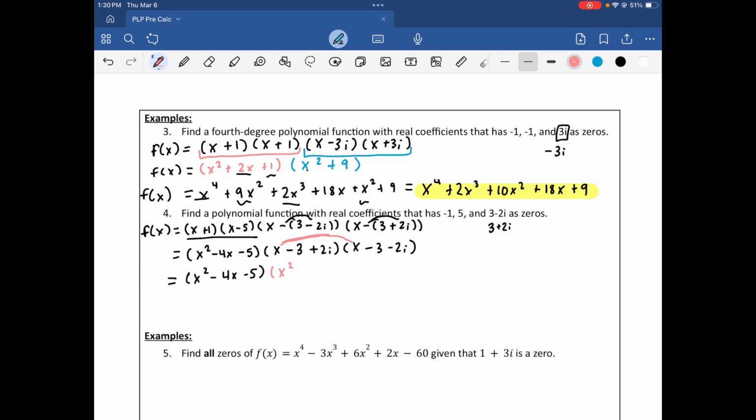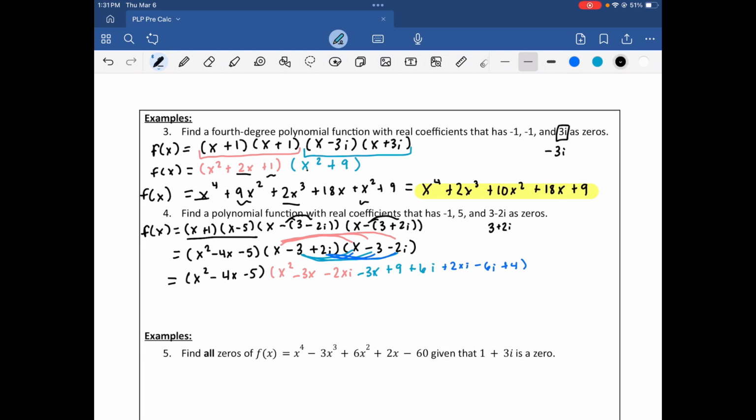That gives me x squared minus 3x minus 2xi minus 3x plus 9 plus 6i, and then plus 2xi, minus 6i, sorry, and then minus 4i squared, which is going to become plus 4.